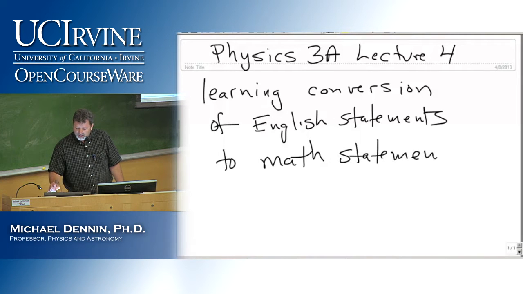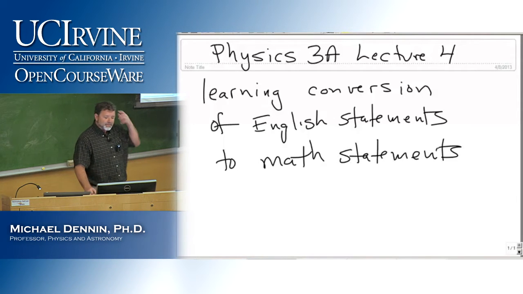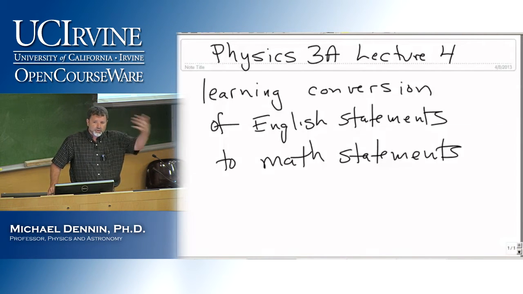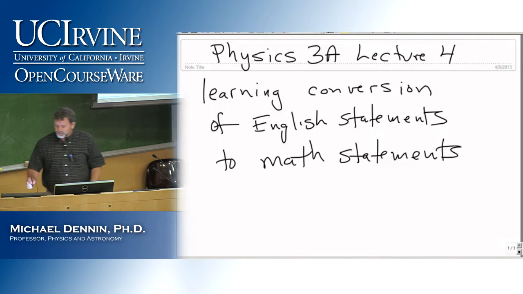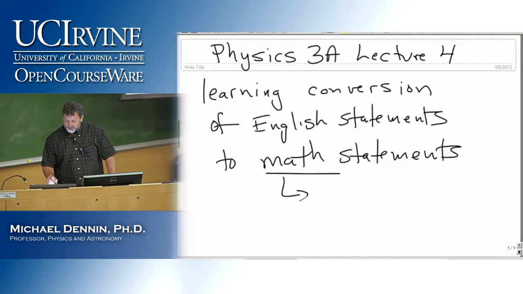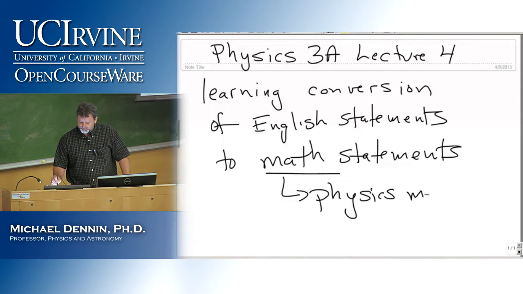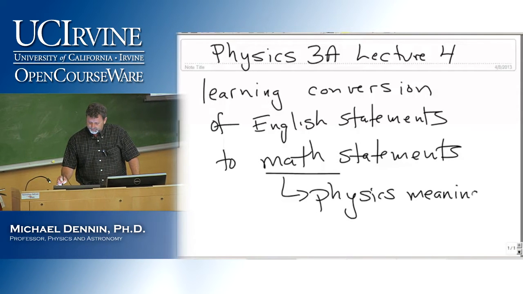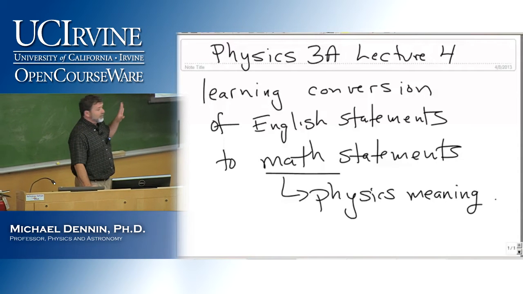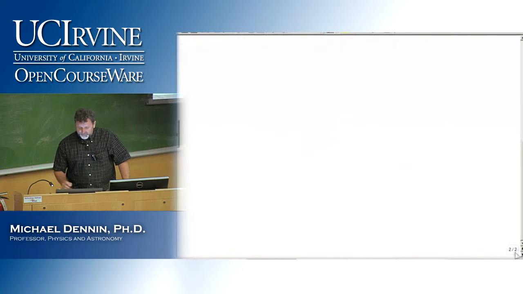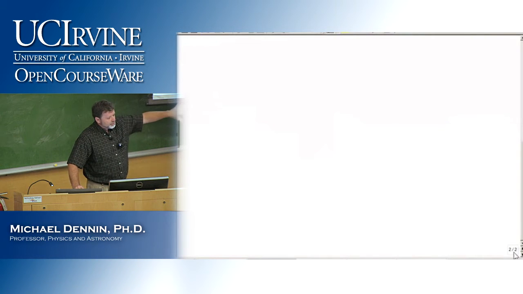And I'm going to try and highlight that as much as I can when I solve the example problems, but it's something you want to pay close attention to at all times. When am I using some English statement? And it's particular math statements. It's math statements with a physics meaning. And that's very particular. So that's the idea we're going for. I hope the visual helped you.